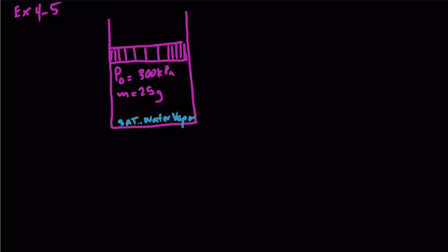A resistance heater within the cylinder is turned on, and it passes a current of 0.2 amps for 5 minutes from a 120 volt source. So let's go ahead and draw a resistance heater. There's a resistance heater, and we were given that there's a voltage potential here of 120 volts. That's our source.